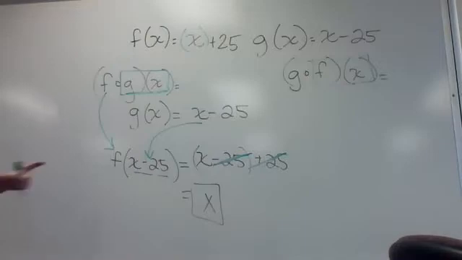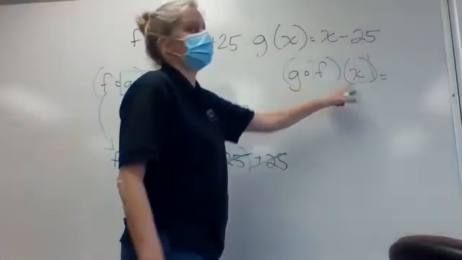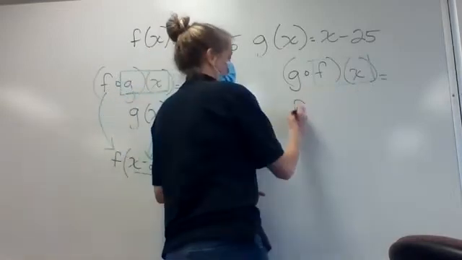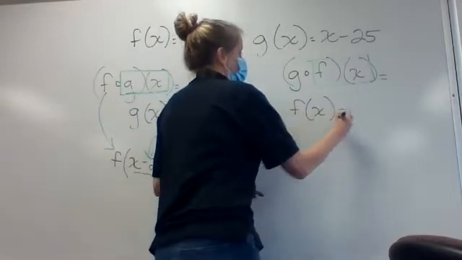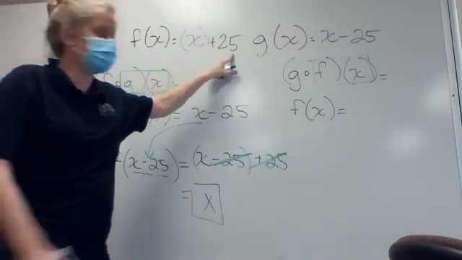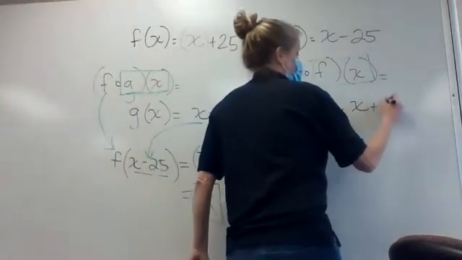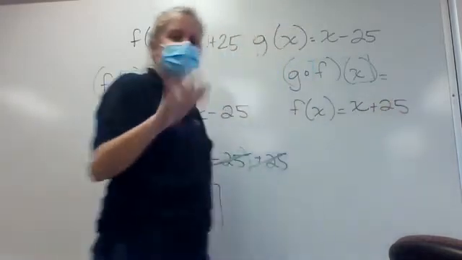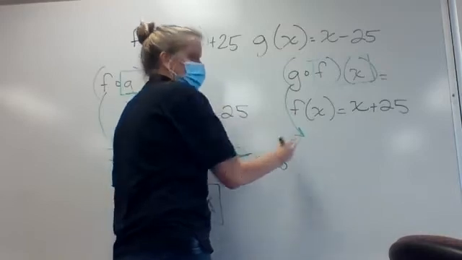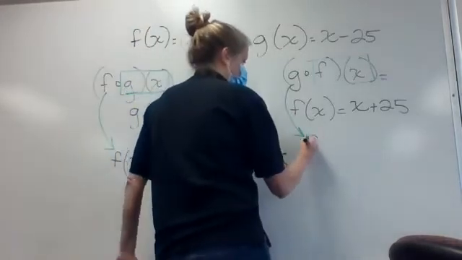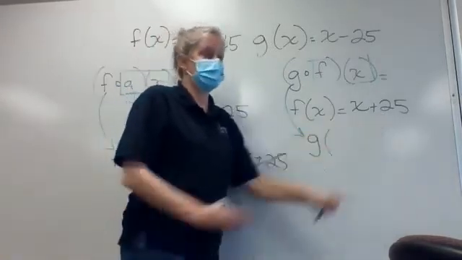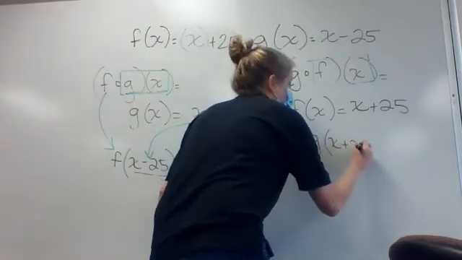The same kind of thing is about to happen again here. This time, what am I finding first? F of x. And what is f of x? X plus 25. So I'm done with that part. Bringing down the g, what was your last answer? X plus 25.